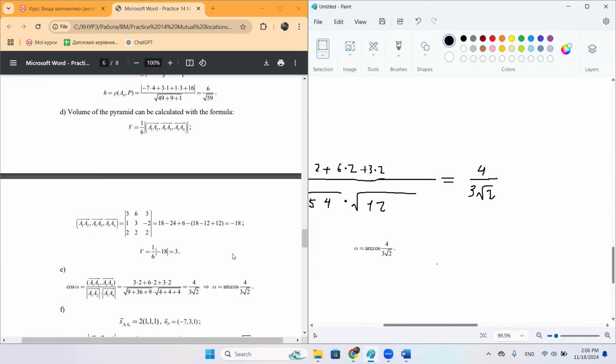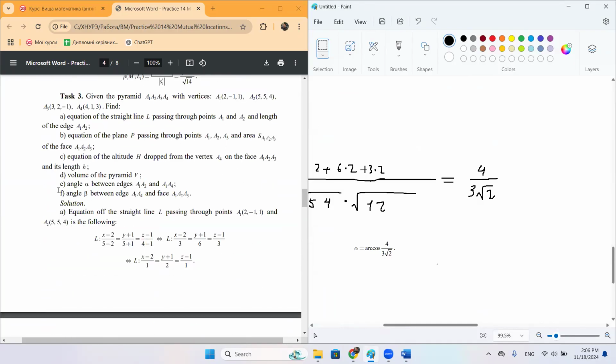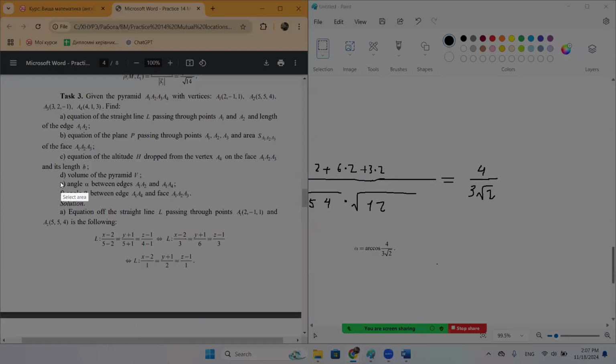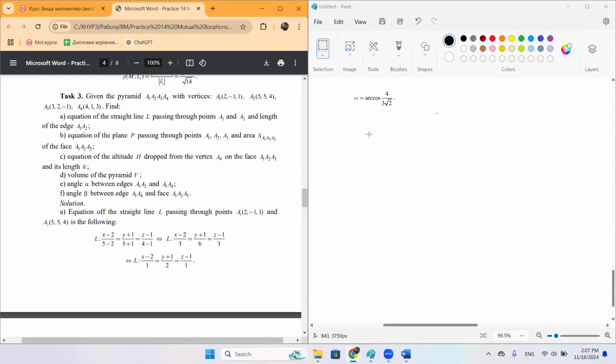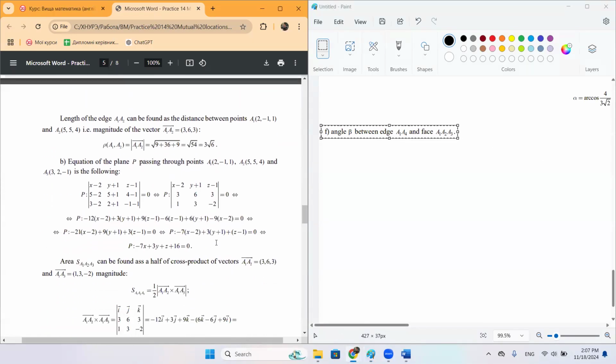And then we need to find the angle beta between edge A1A4 and face A1A2A3. So how to find it?